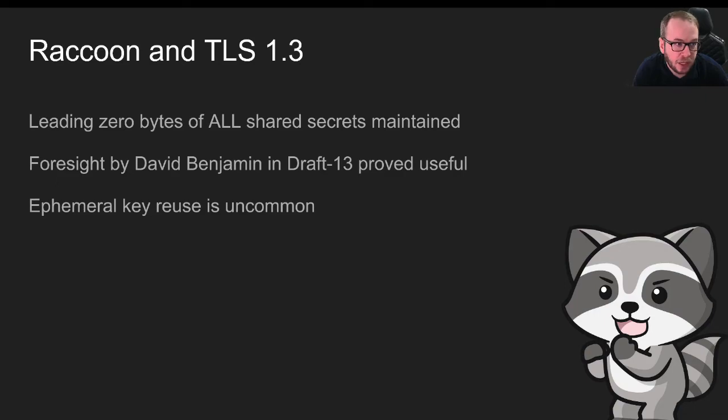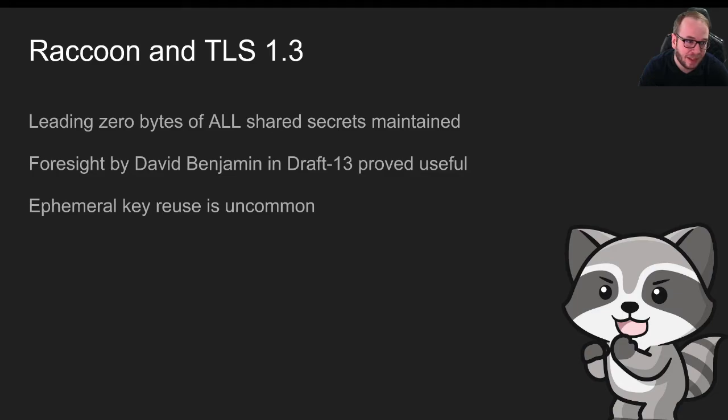So for TLS 1.3, leading 0 bytes of all shared secrets are maintained. This is a change by David Benjamin, which was made in draft 13, and which proved very useful here, because he hated that there was this mess that sometimes you remove the leading 0 bytes, sometimes you keep them. And he also hated that you have this non-equal size shared secret.